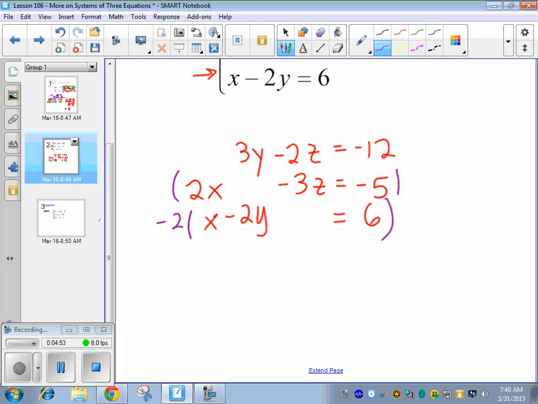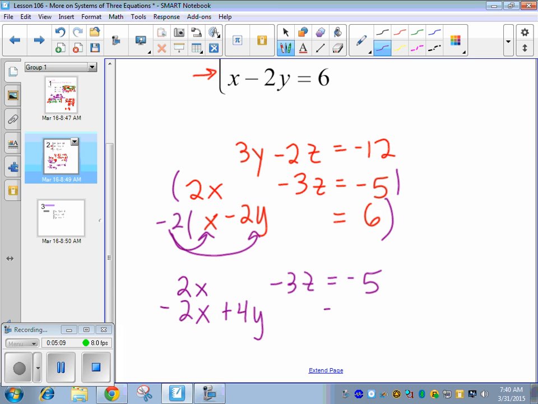Okay, negative 2. So I have 2x, the top one, I'm just going to rewrite this middle one. And I'm going to multiply through by -2, so that's -2x, positive 4y, and over here, -12.